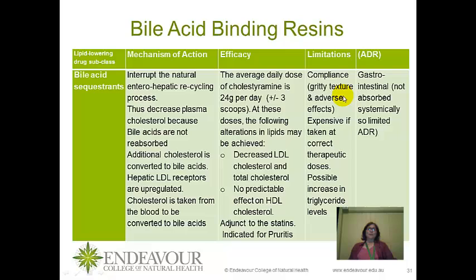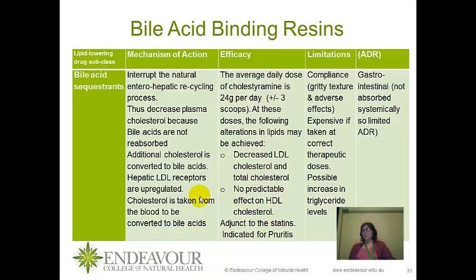One particular bile acid binding resin, cholestyramine, is estimated would have to be taken in an average dose of about 24 grams per day. This is roughly 3 scoops of this resin. Now it has a gritty kind of a texture, but at that dose you'll achieve a decrease in LDL cholesterol, decreasing total cholesterol.